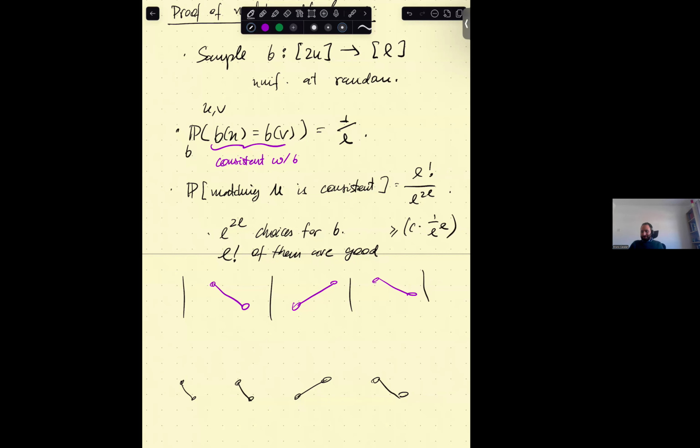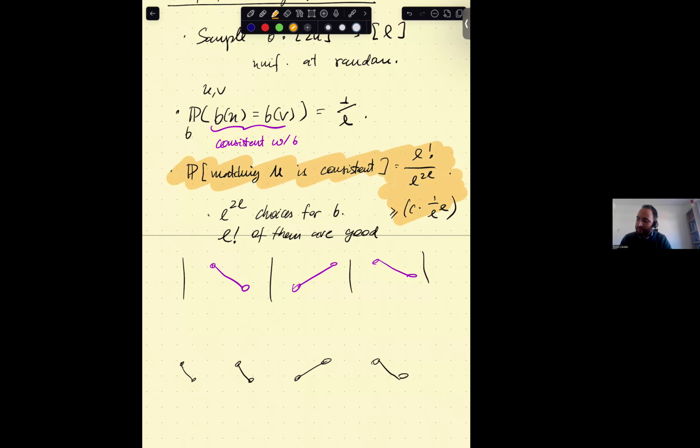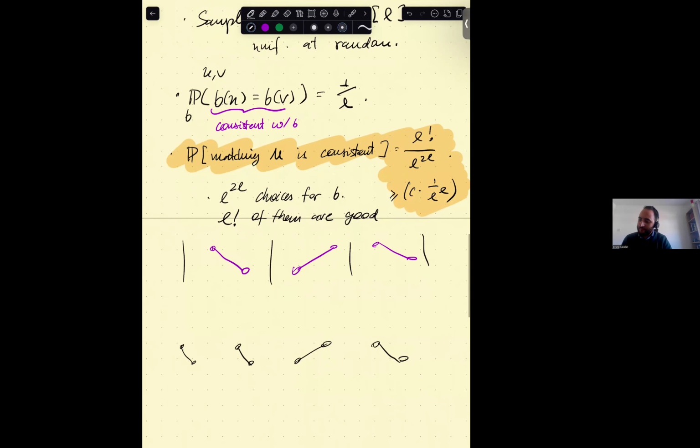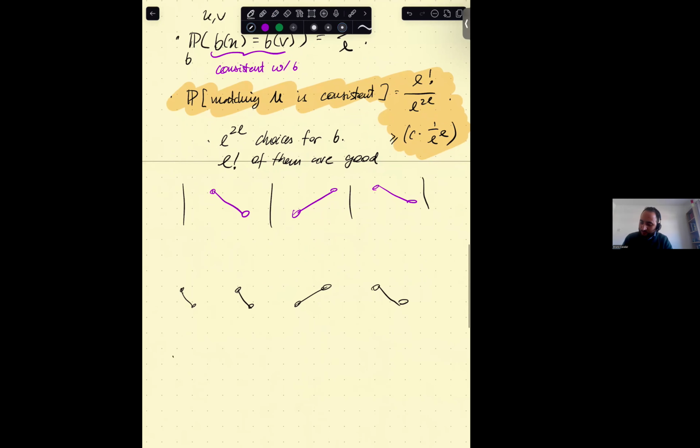Okay. So this is just the averaging argument that I was mentioning. The probability that a random matching is consistent with the random coloring is big enough. So in particular, our set of matchings M is consistent.